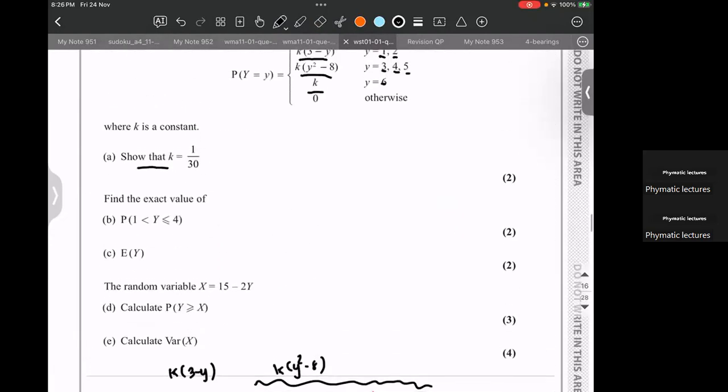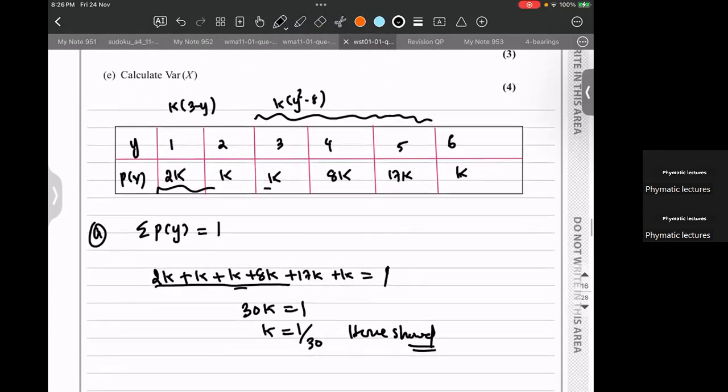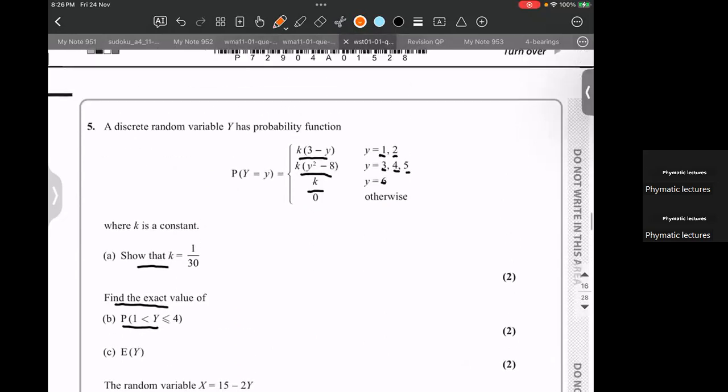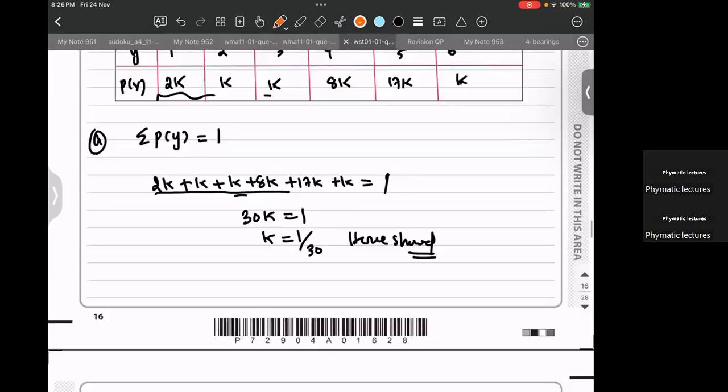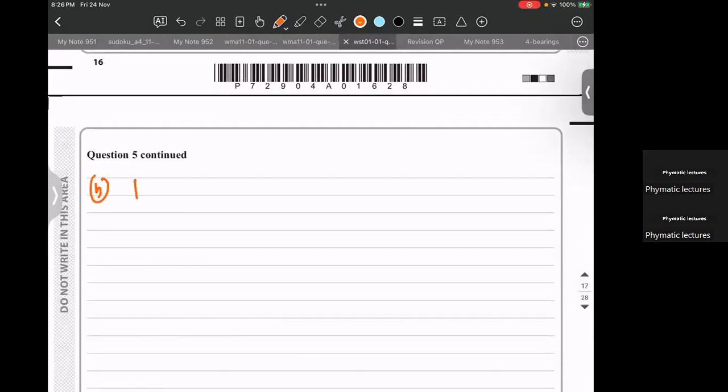Now the question: what is the exact value of the probability of y greater than 1 and less than or equal to 4? Greater than 1 means it is not possible to take 1. It's possible to take 2, 3, and 4.